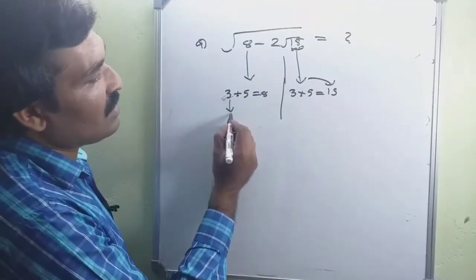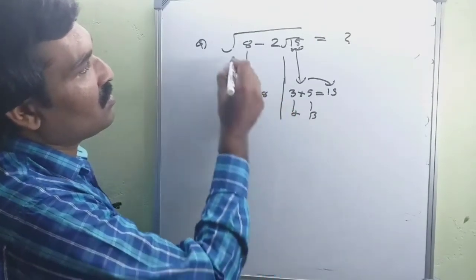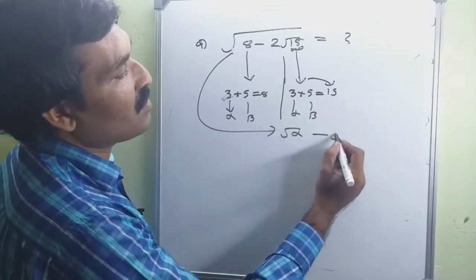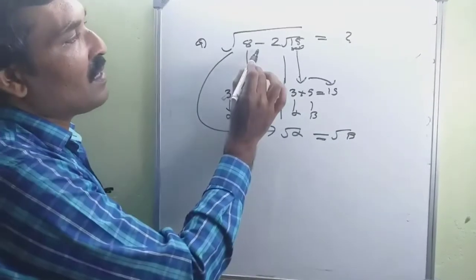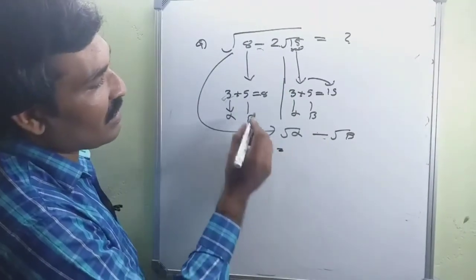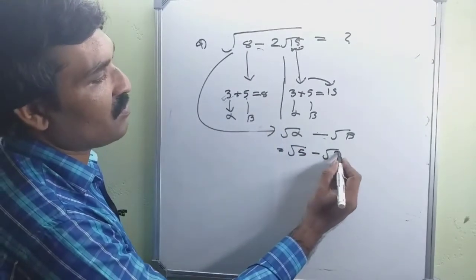Now this is alpha and this is beta. So the square root is root alpha minus root beta. Here it is minus, so this is minus. Now we are taking the largest number first, that is 5. Root 5 minus root 3.